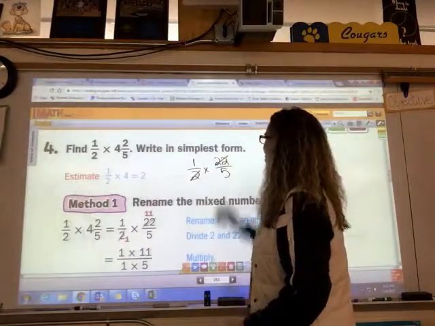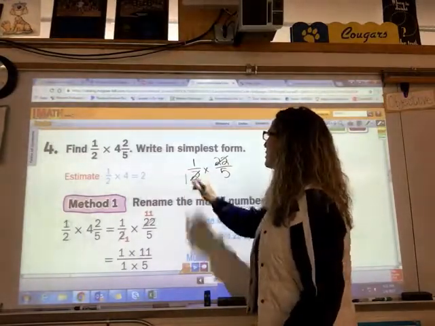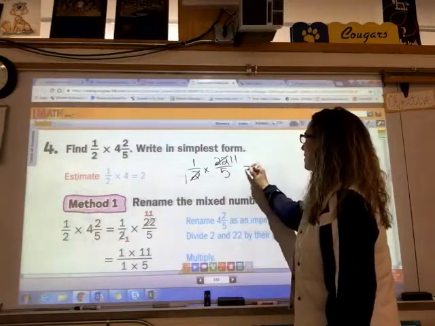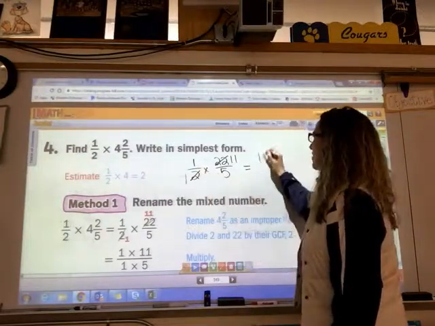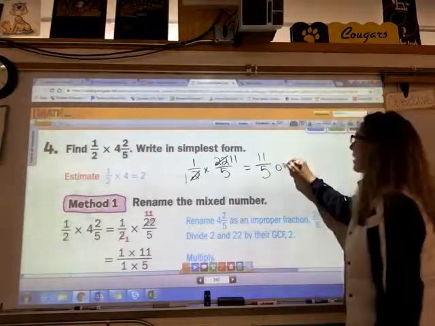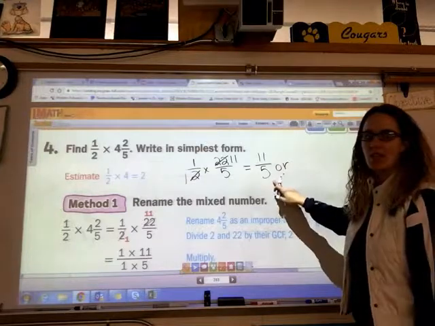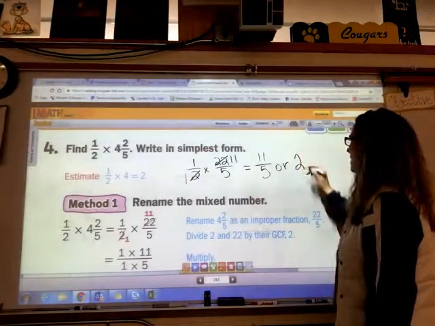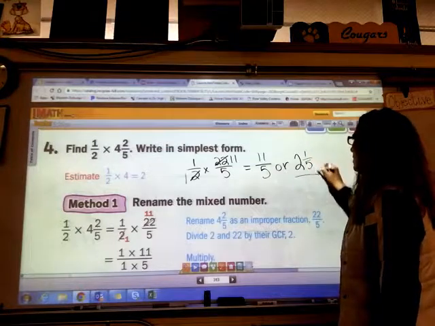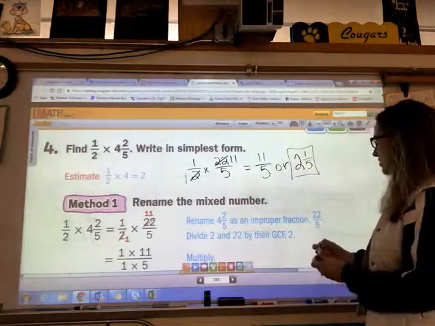I know that 2 goes into both 2 and 22, so 2 divided by 2 is 1. 22 divided by 2 is 11. 1 times 11 is 11. 1 times 5 is 5. Okay, 11/5 is going to be the same as 5 goes into 11 twice, and that's 10. 11 minus 10 is 1, so I have 2 and 1/5. And that would be my answer.